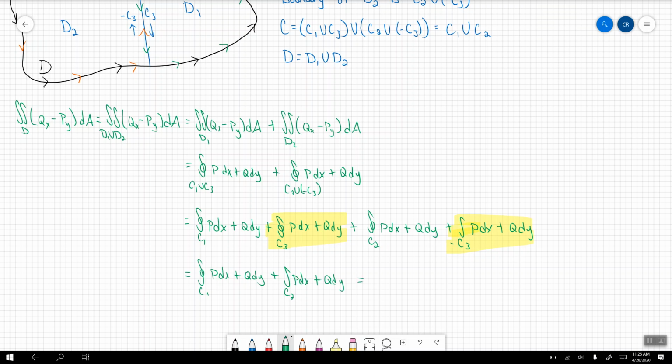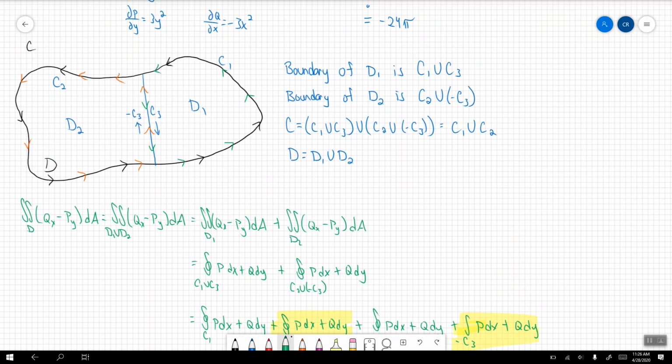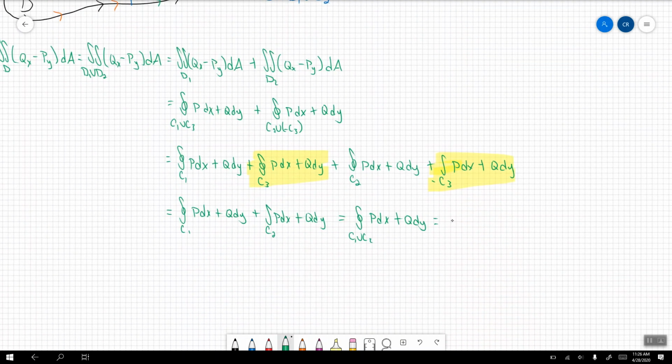But isn't this just the line integral for C1 union C2, for P dx plus Q dy? We said that C1 union C2 is just the original curve. So isn't this just the original curve for that line integral for P dx plus Q dy?